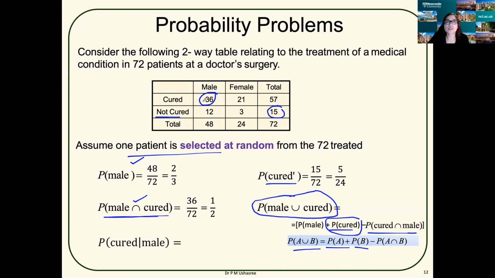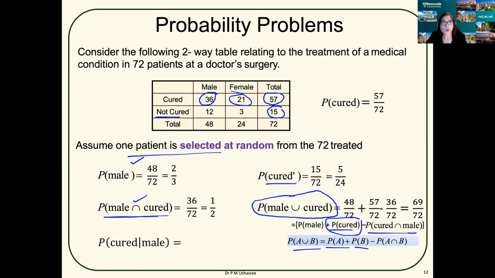What is probability of cured? There are a total 57 patients who are cured, so 57 out of 72. So you add them and subtract the intersection: 48 out of 72 plus 57 out of 72 minus 36 out of 72 is equal to 69 out of 72.